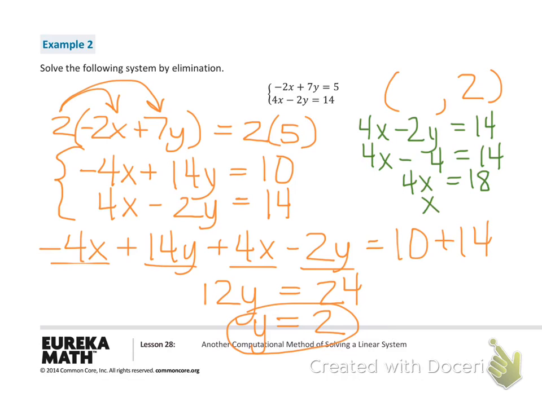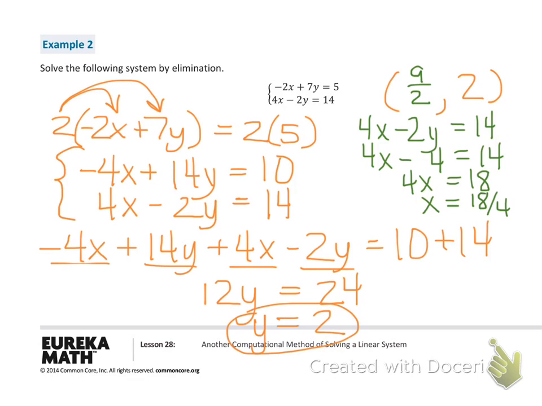And so x is equal to 18 fourths, or 18 divided by 4, which I'm going to go ahead and simplify to 9 over 2, dividing top and bottom by 2. So the solution to this system is 9 halves, which is 4 1/2, for the x-coordinate, and y is 2.